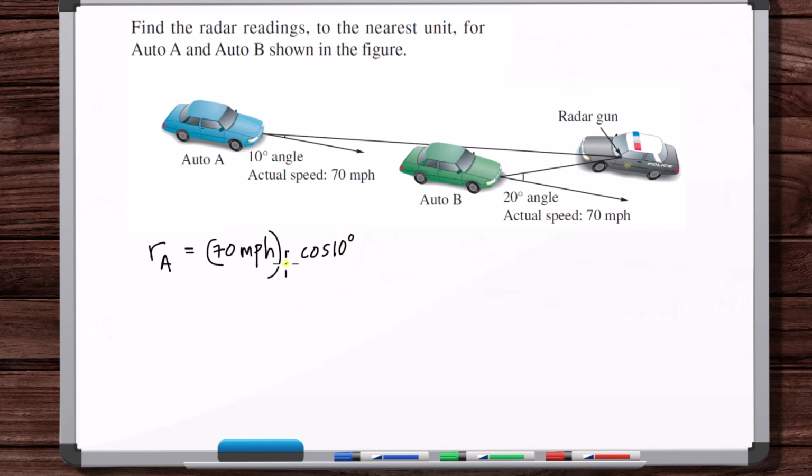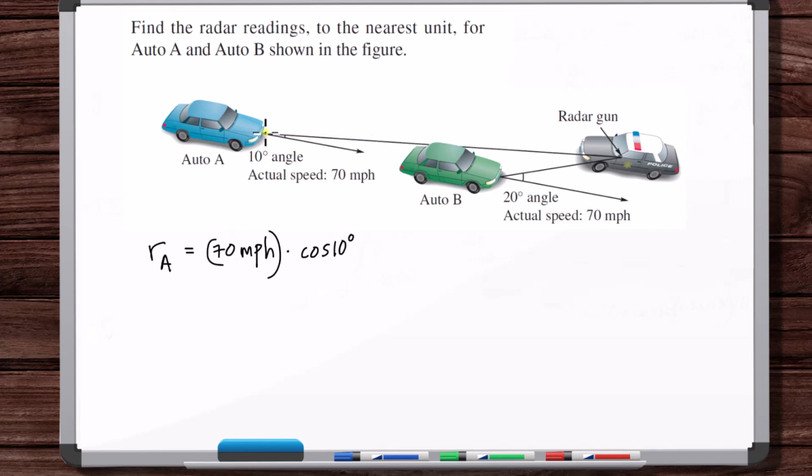And so we know that any trig function value is going to be unitless, because it's a ratio. In this case, you could think about it as two speeds.